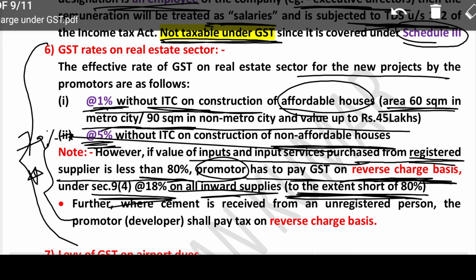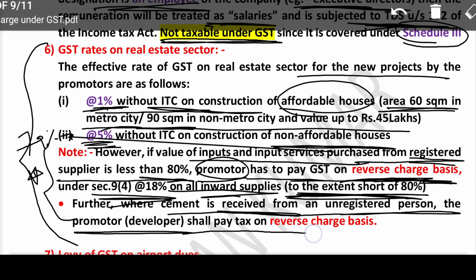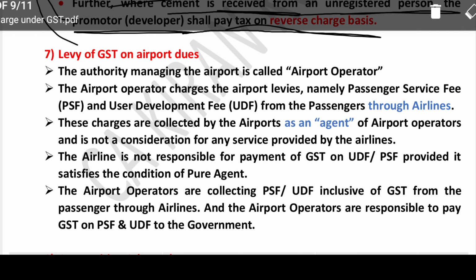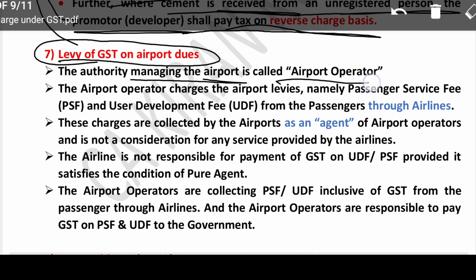Further, when cement is received from an unregistered person, then the developer is liable to pay GST under RCM basis. And another important topic, that is levy of GST on airport dues. First of all, we should know that the authority managing the airport is called the airport operator. The airport operator charges the airport levies.